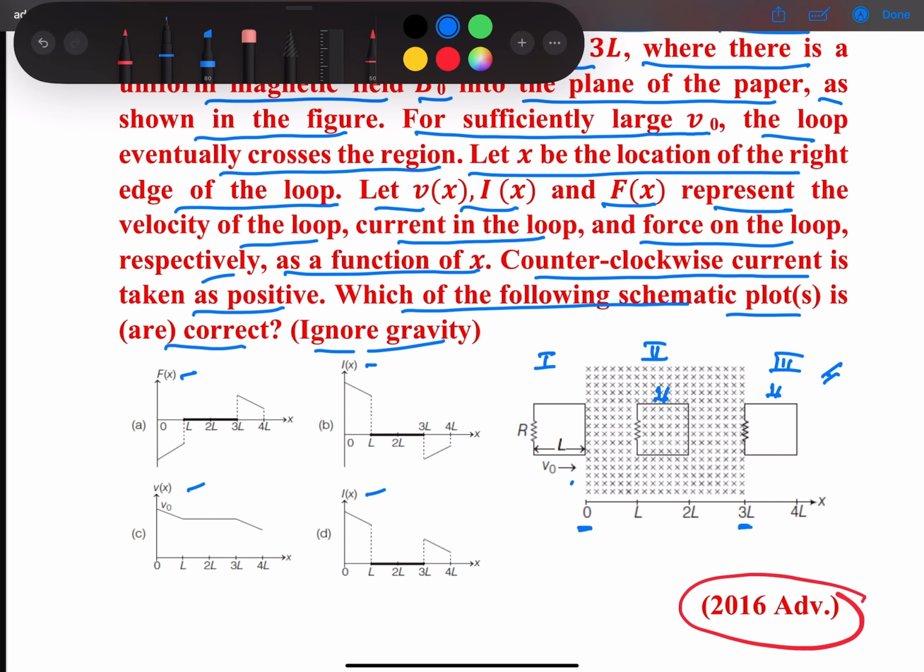And region 1 is basically where x is less than 0, region 2 is between 0 and 3L, and region 3 is greater than 3L, or just at the edge of 3L. Okay.